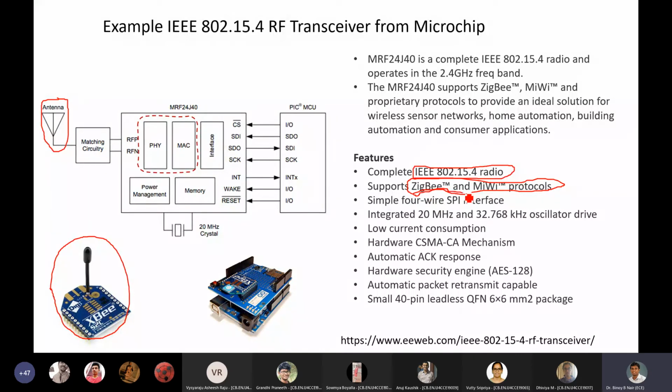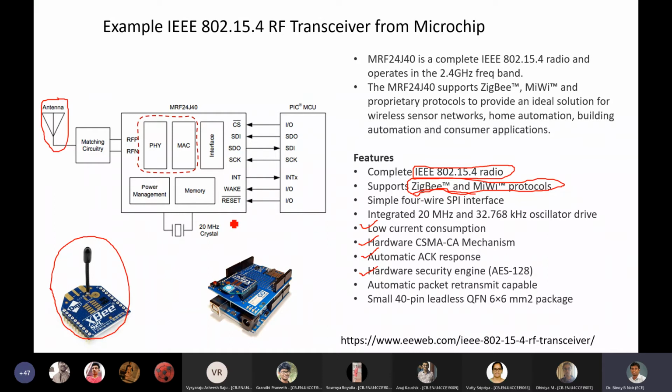ZigBee is more common, so you can implement the ZigBee protocol on this. There are things like automated acknowledgement, security built into it, low current consumption, and a CSMA-CA type mechanism where you check for any collision during message transmission. All those things are possible, and this is what I wanted to show you.